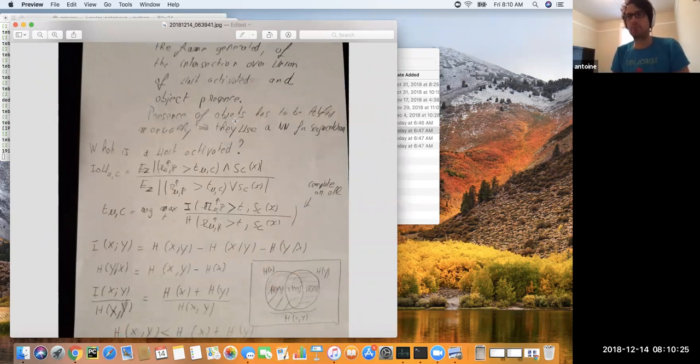So, let me go back. Typically, are there units which are responsible for the presence of the object at this specific position, and if there are, which ones, and how do we measure the responsibility of a unit in creating this object at this position?